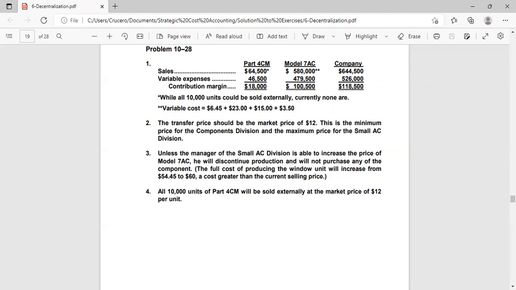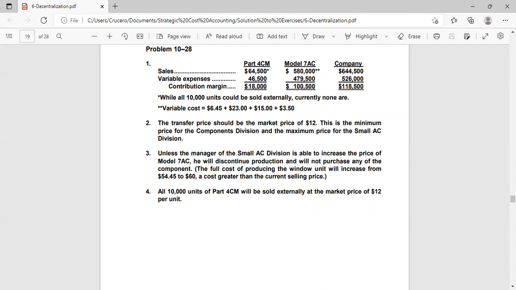So we have now the contribution margin for the sales of Part 4CM. For sales, we have 10,000 units multiplied by 6.45. Well, for model 7AC, that's the variable cost of 6.45 per unit, and then we add 23 for the initial direct material cost. So we now get the total.